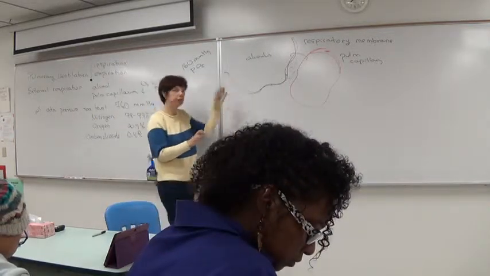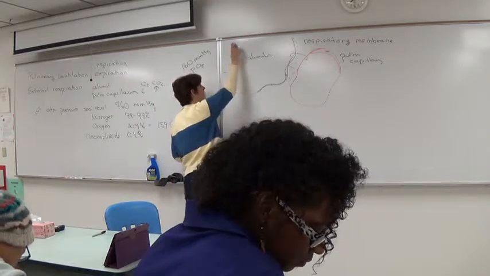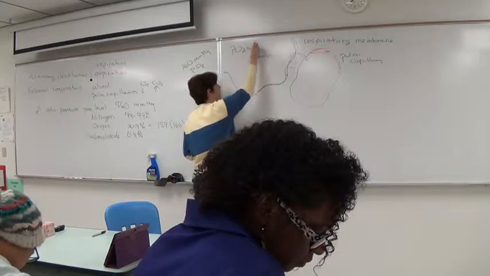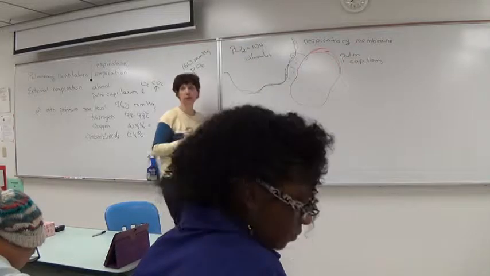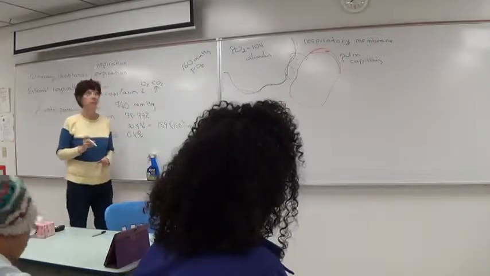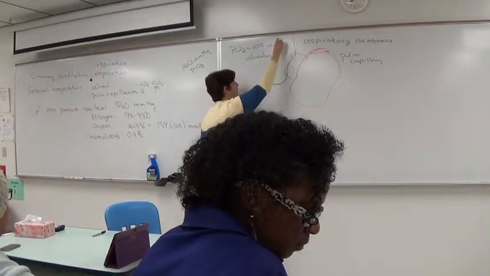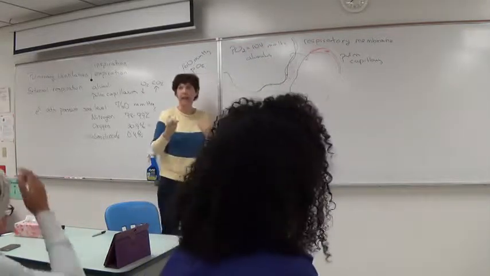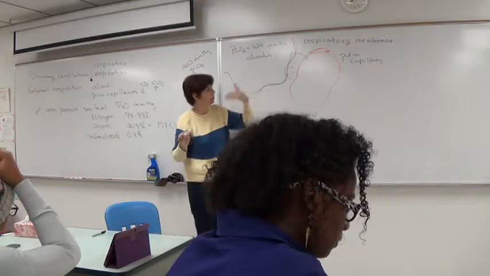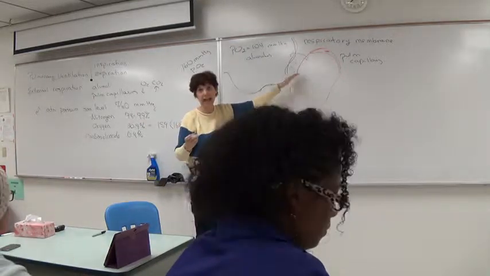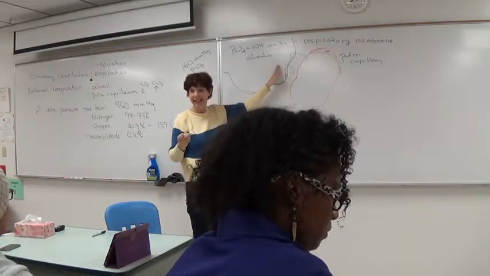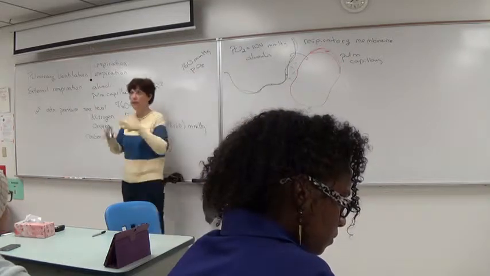So the PO2 in the alveoli is equal to 104 millimeters of mercury. The reason for that is because when we breathe air out, as we breathe air in, carbon dioxide is added to the alveoli, and that takes up some of the partial pressure.